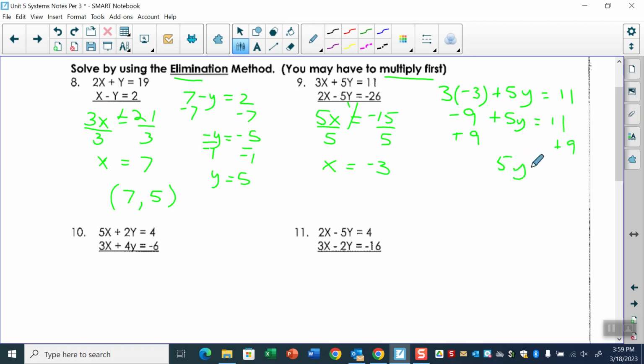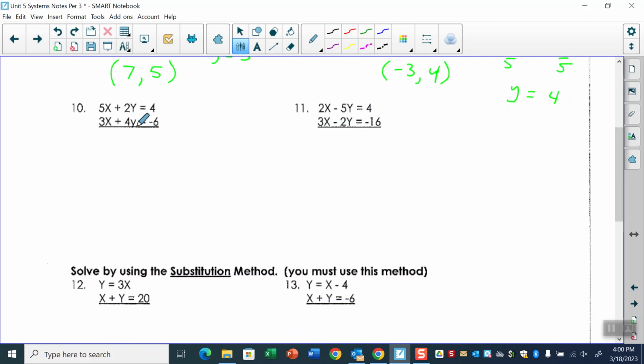So I get 5y equals 20. Divide by 5, so y equals 4. And so I would get x is negative 3 and y is 4.